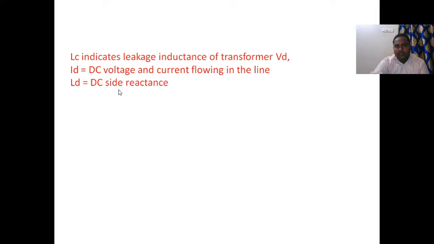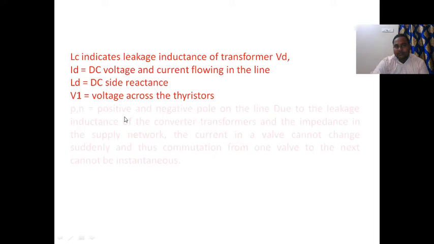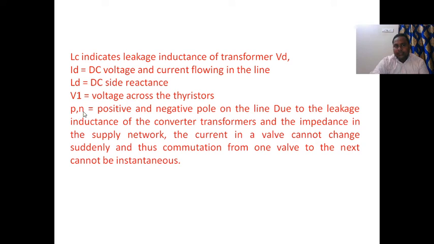LD is equal to the DC side reactance. V1 is equal to the voltage across the thyristors. P, N is equal to the positive and negative pole on the line, due to the leakage inductance of the converter transformer and the impedance in the supply network.